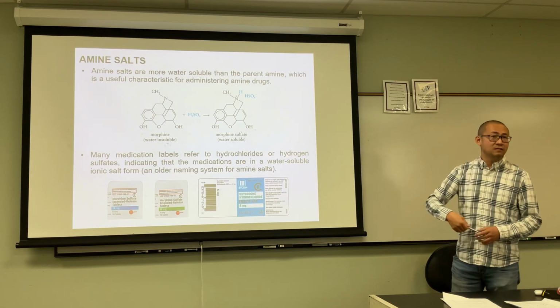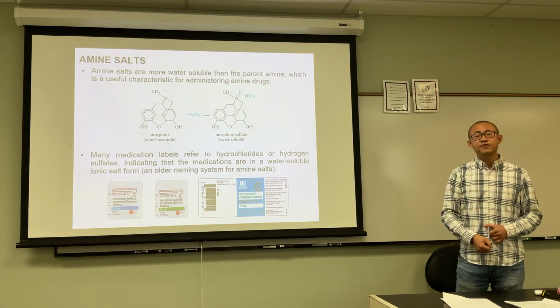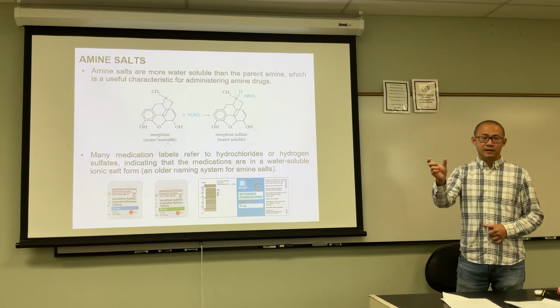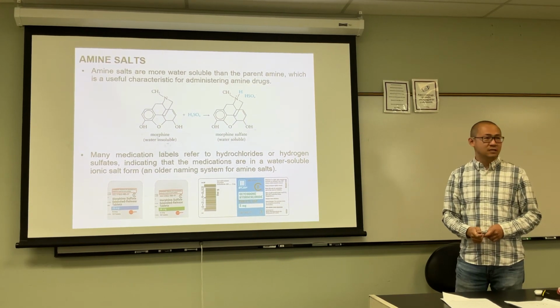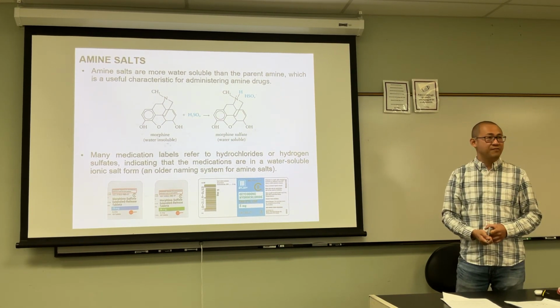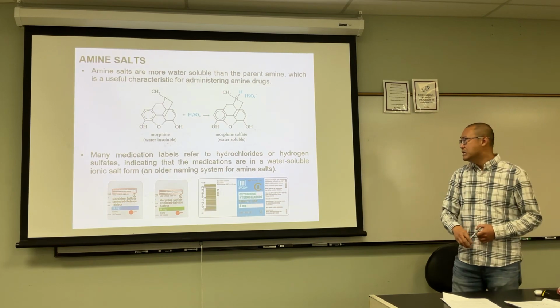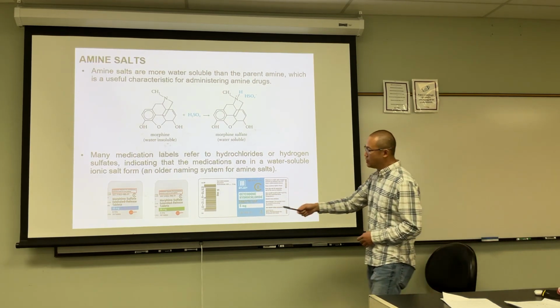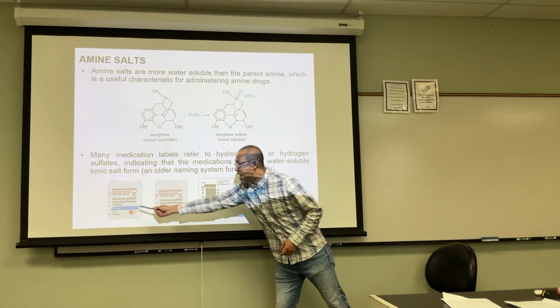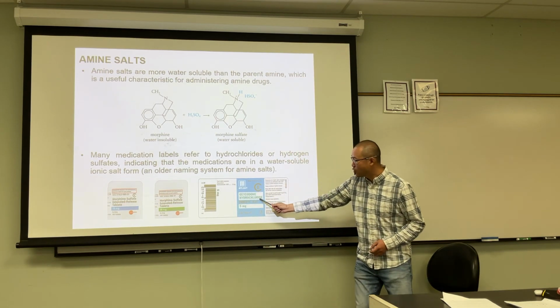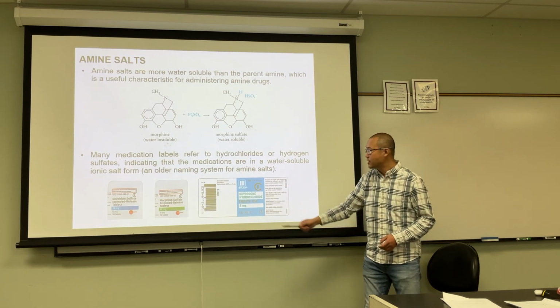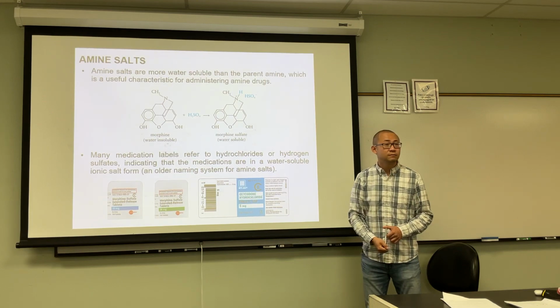Besides that, if you have a box of medicine, a box of IV medicine especially, you can make a solution. If you see the name has sulfate, or like this one, hydrochloride, this is oxycodone hydrochloride.